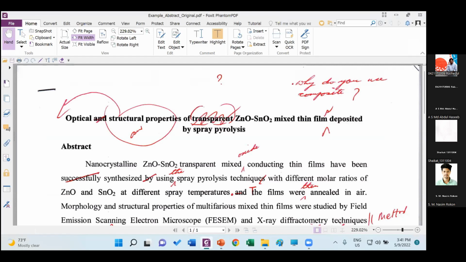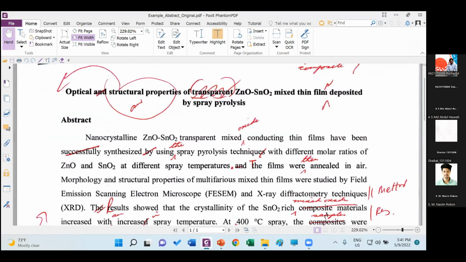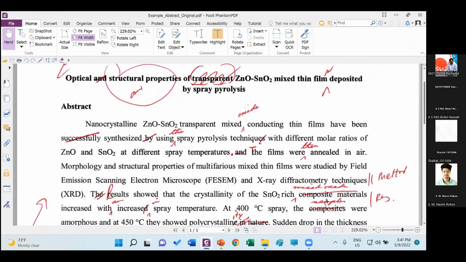I will show you this part by part. You just read it and don't worry about the grammatical mistakes. Look at the general quality of the abstract. Forget for the time being about the grammatical mistakes. So please read the abstract, then I will ask you a question.